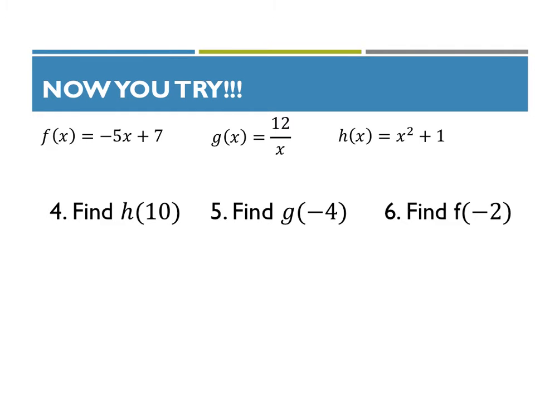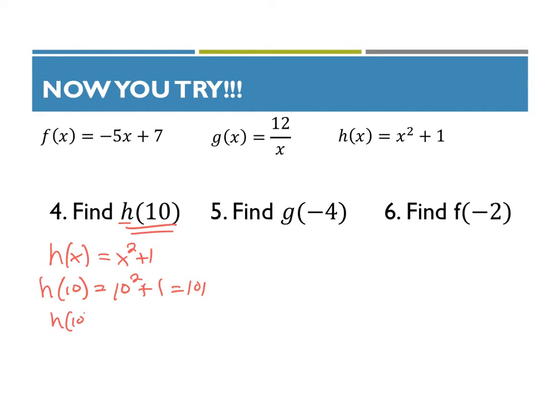So for the first one, if we do h of 10, notice we're pertaining to h function, so h of x is x squared plus 1, and so if I wanted to find h of 10, it would be 10 squared plus 1. 10 squared plus 1 would be 100 plus 1, which is 101.